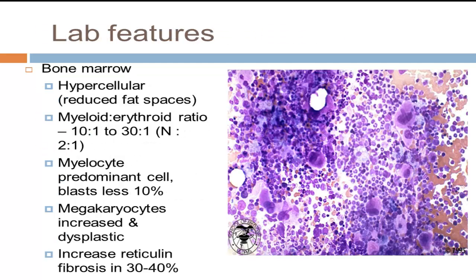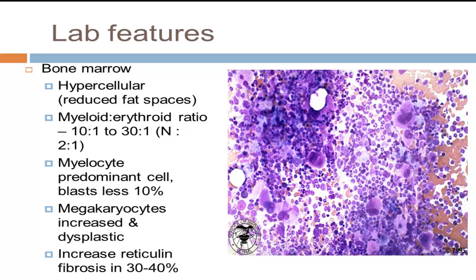Hyperleukocytosis. Lab features. Bone marrow is hypercellular. Myeloid erythroid ratio is 10 to 1 to 30 to 1. Myelocytes predominant cell and blasts less than 10%. Megakaryocytes increased and dysplastic.